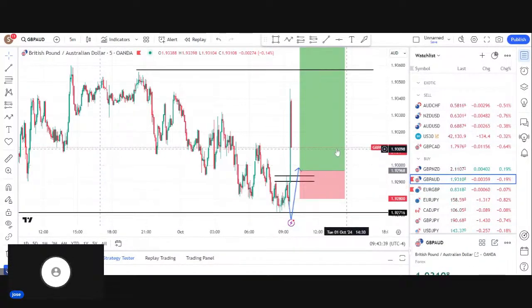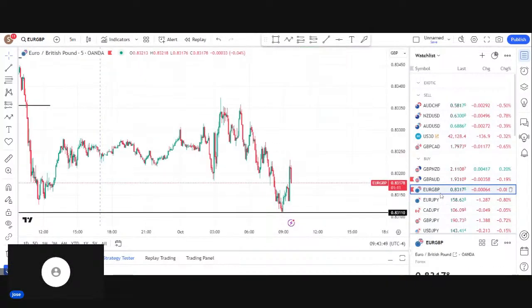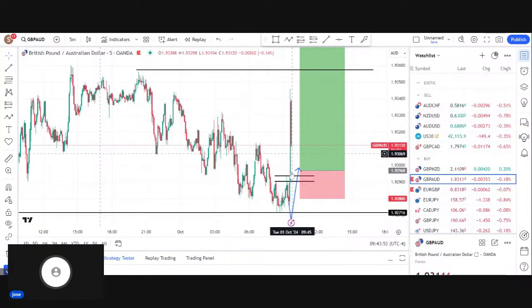We want to see price come back and give us a liquidity sweep. I'm sure the traders who got in here right now are panicking. They don't know what to do. Oh my God. I've been there.